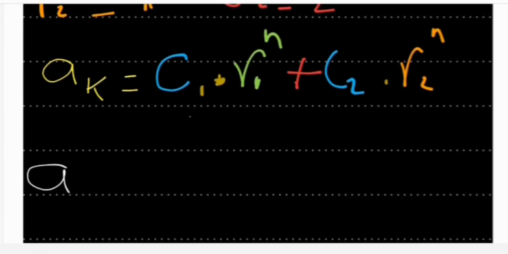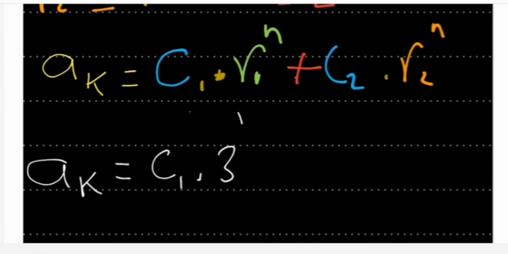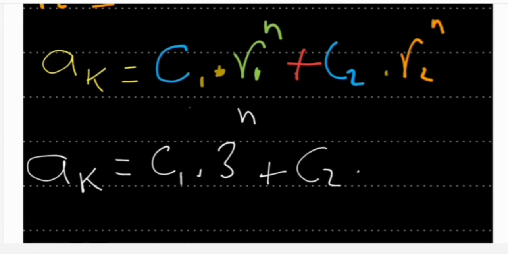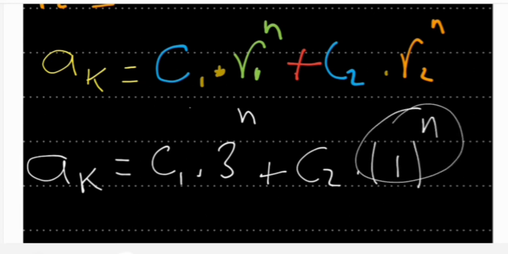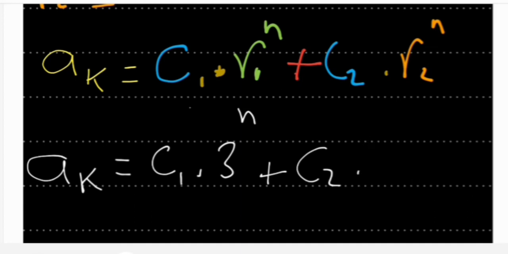So look, AK is equal to C1 multiplied by R1, but R1 is 3 to the n power, plus C2 multiplied by R2, 1 to the n power, but this doesn't matter, right? Because it is 1, so we can just get rid of it.